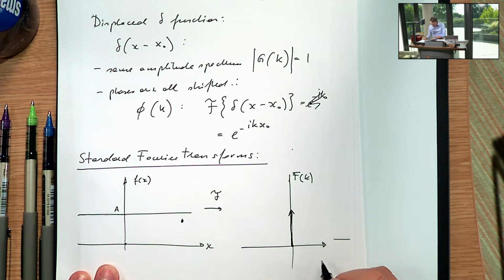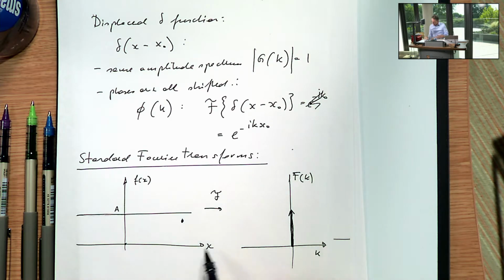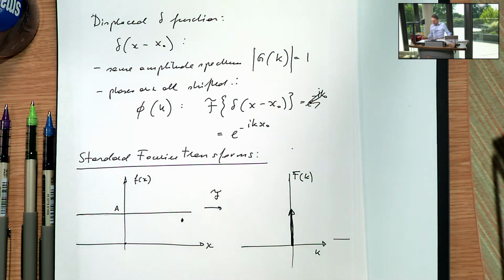So if I have the frequencies here, this yields the delta function, just as we saw earlier on. So I could go from this way to that way.